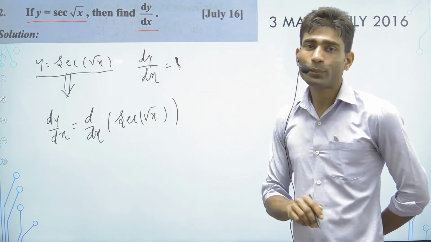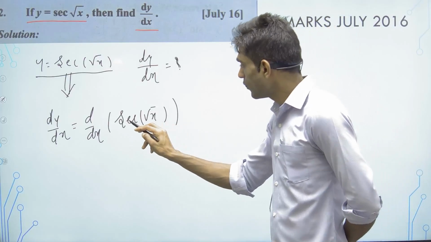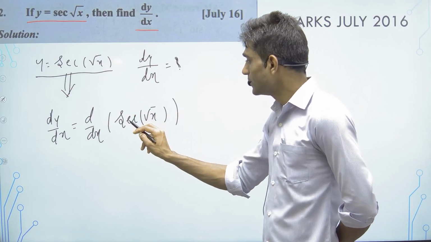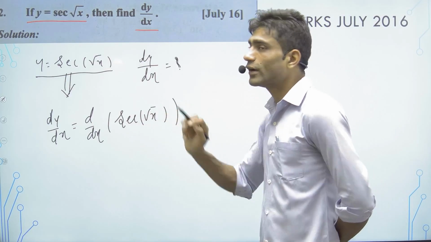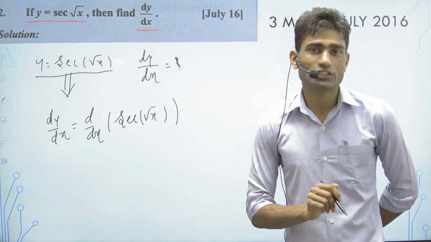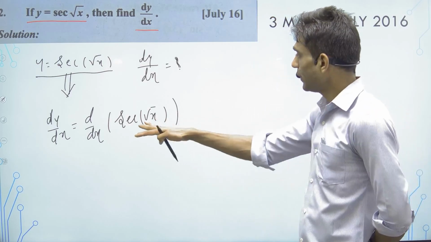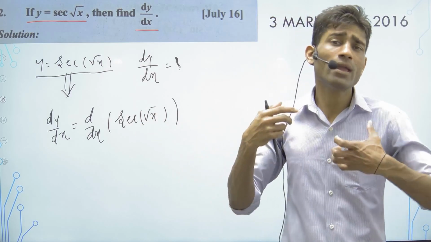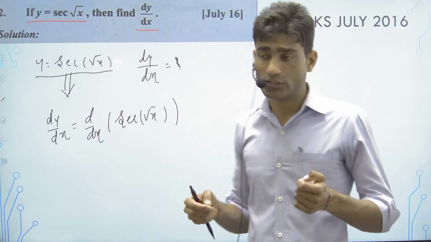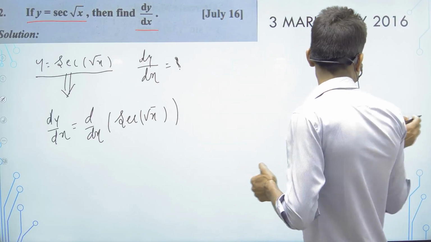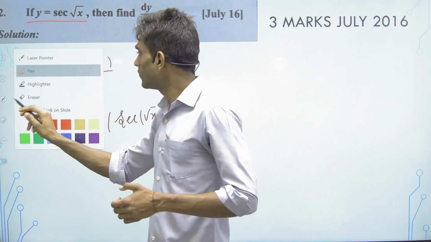Under a trigonometric function we have an algebraic function. Whenever we have a function under a function, we have to apply composite differentiation. So we know the first form, differentiation of sec x.